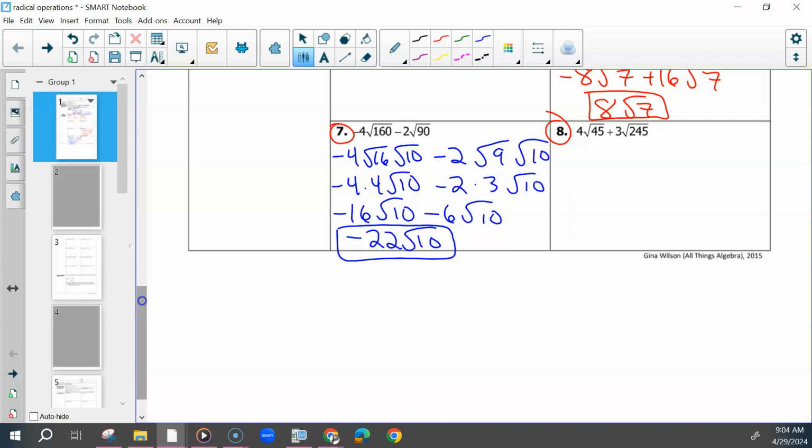Okay. And then last one on this page. Again, let's simplify both.